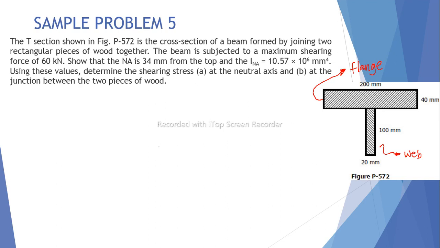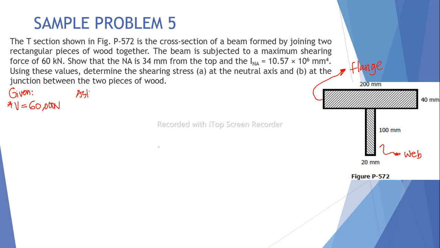So again, our first step is to list the given. We were given a T section, and the maximum shearing force V, which is equal to 60 kilonewton or 60,000 newton.